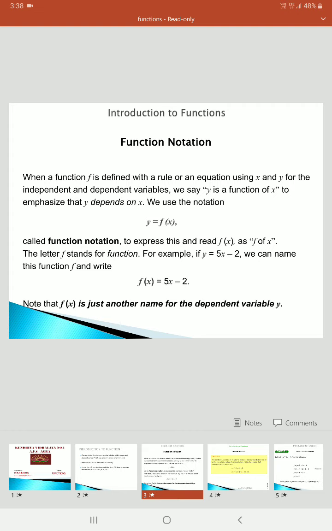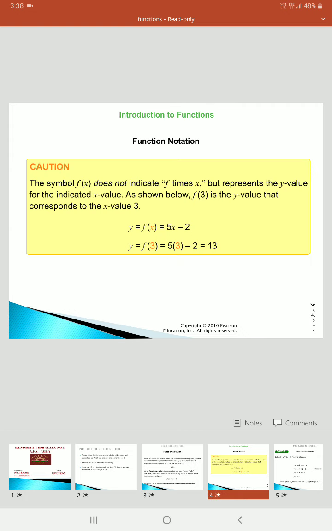For example, if y equals f(x) equals 5x minus 2, we can name this function f and write f of x equals 5x minus 2. Note that f(x) is just another name for the dependent variable y, and the symbol f(x) does not indicate f times x but represents the y value for the indicated x value.